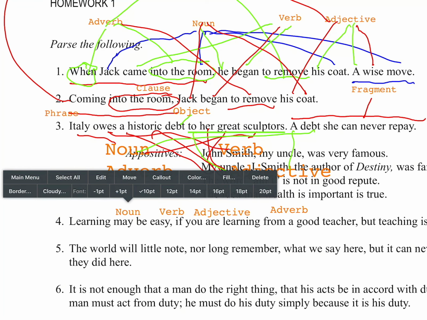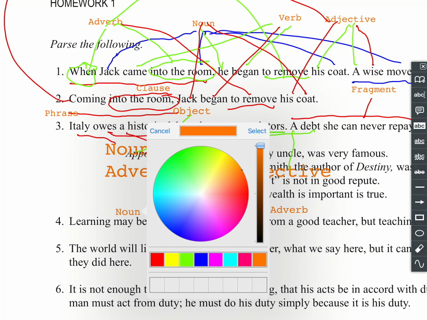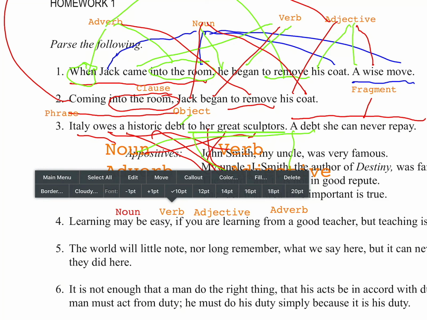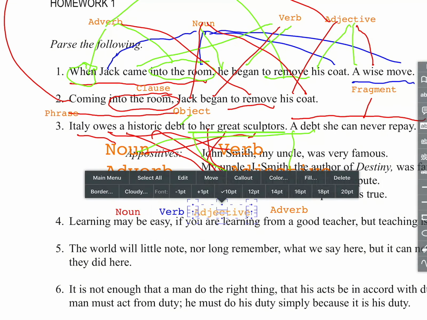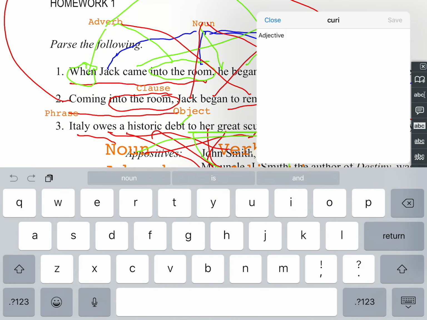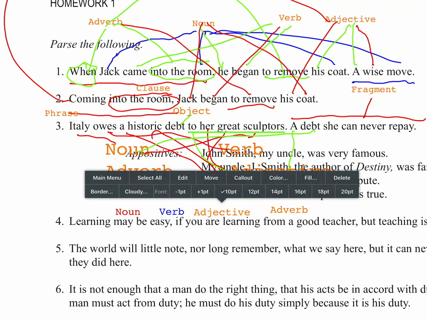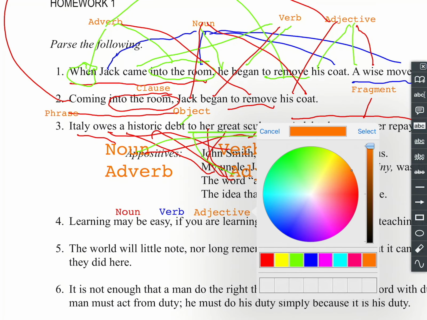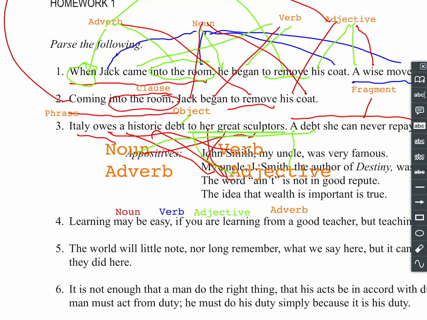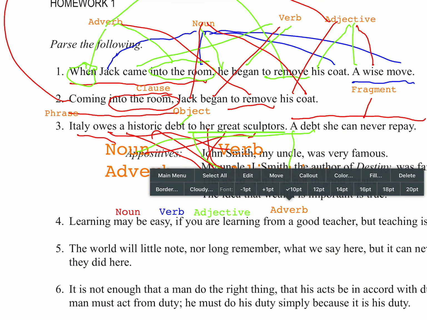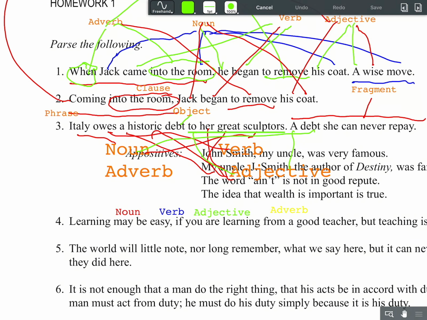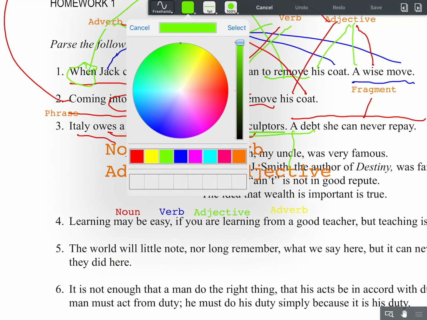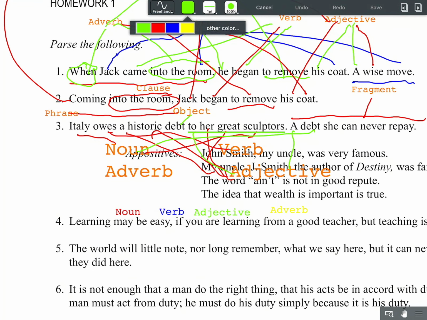And maybe that'll be good. So noun will be red, verb will be blue, adjectives are green, and adverbs are yellow because when I go to freehand, those are the colors that show up by default.